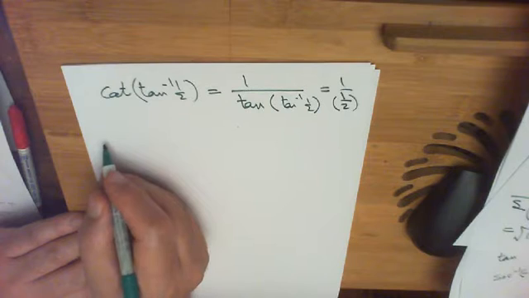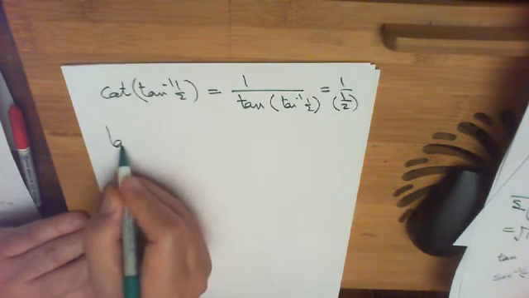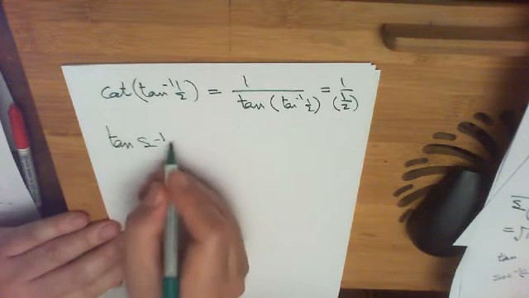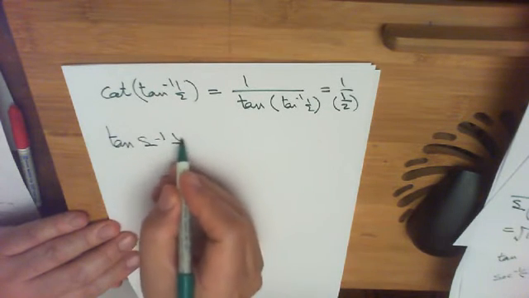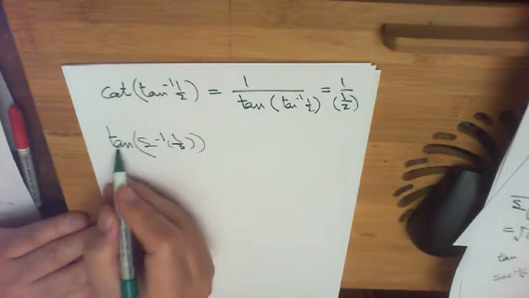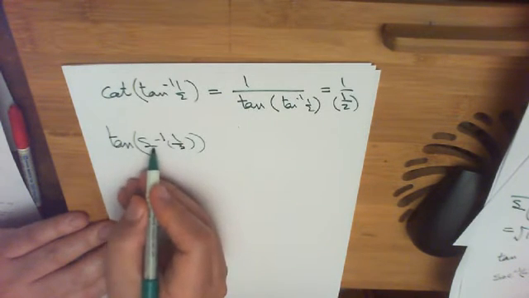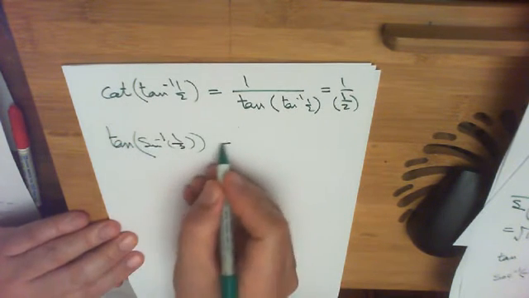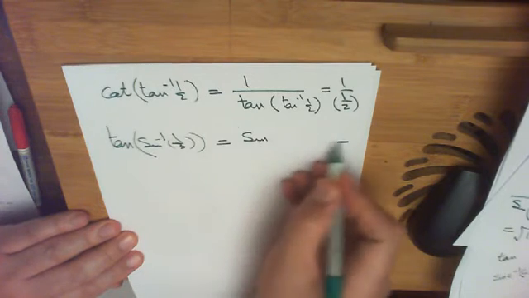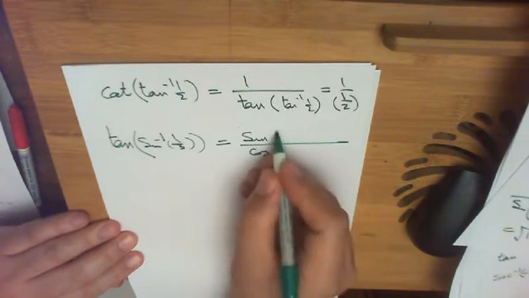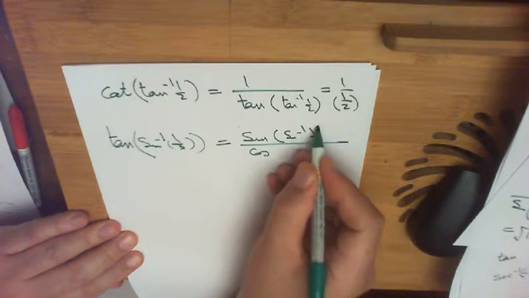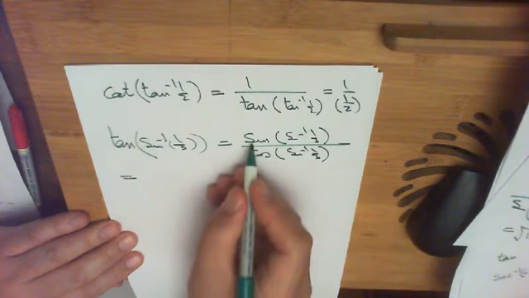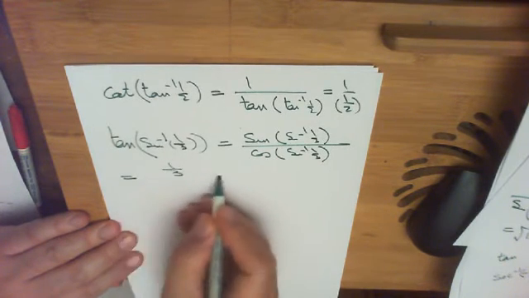Also, we need tan of sine minus 1 of 1/3. We can't write it directly because tan is not sine. We have to transform tan in some way to sine. No problem. Tan is sine over cosine. Sine cancels sine minus 1, so we have 1/3.